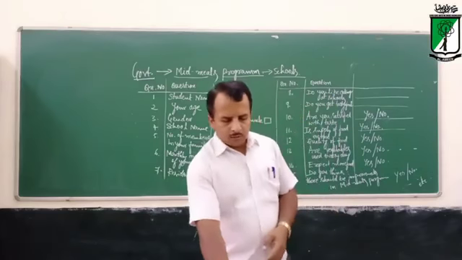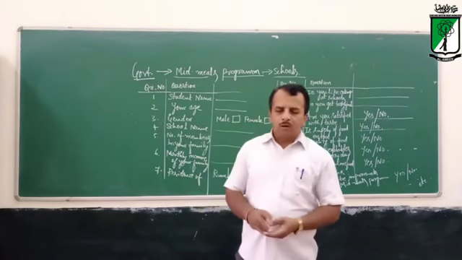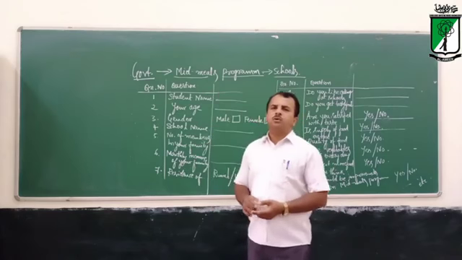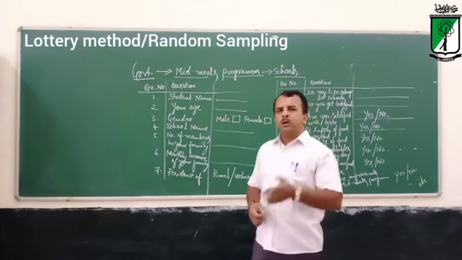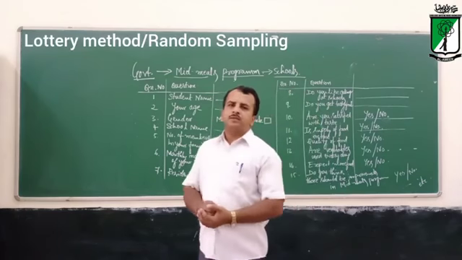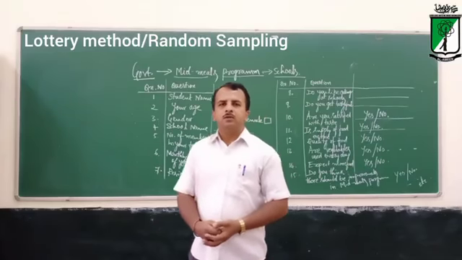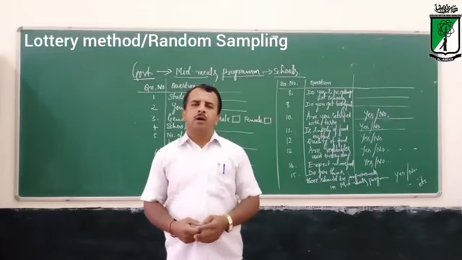Then it's about the lottery method and also random sample, and how the lottery method always gives us a random sample. Hope all of you understand.